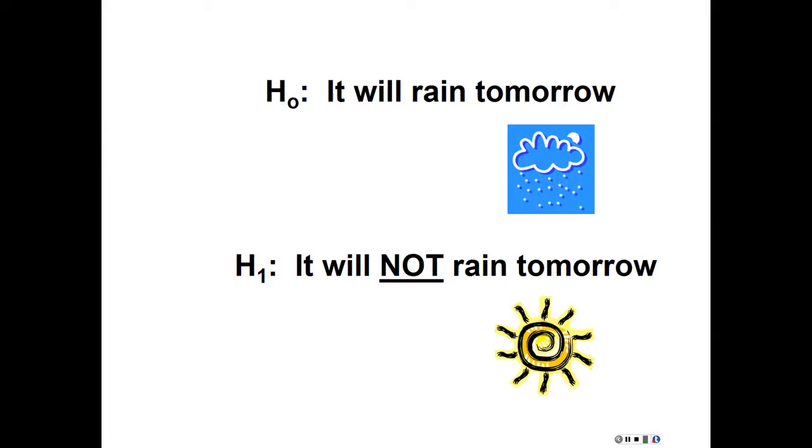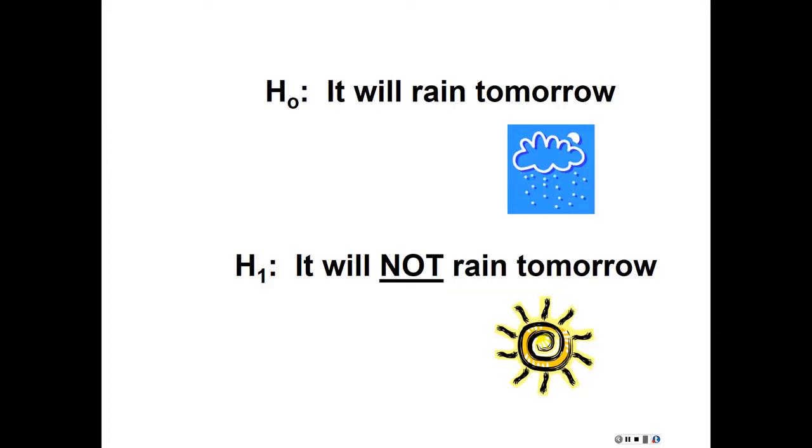And the word not is actually implied when we get into the next chapter and talk about differences between 2 population means or between 2 population proportions, because the null hypothesis will say there is not a difference between. And then of course the opposite to that is, well, yes, there is a difference. So in this case, what the null hypothesis is saying is there's no difference in the truth being that it will rain tomorrow. And then the alternate is saying, no, the truth is it won't rain tomorrow.